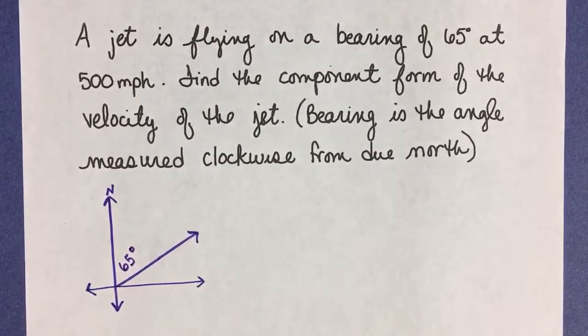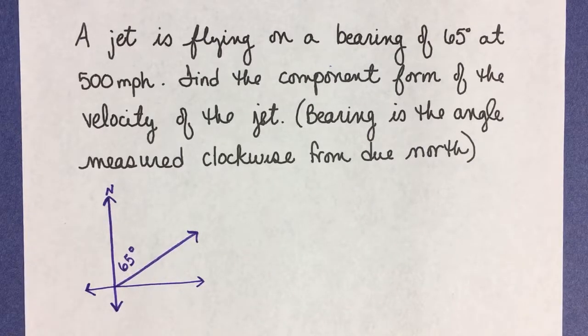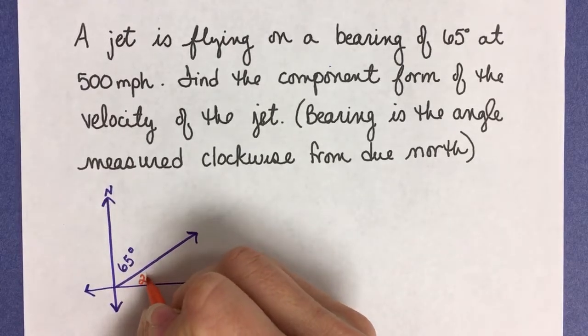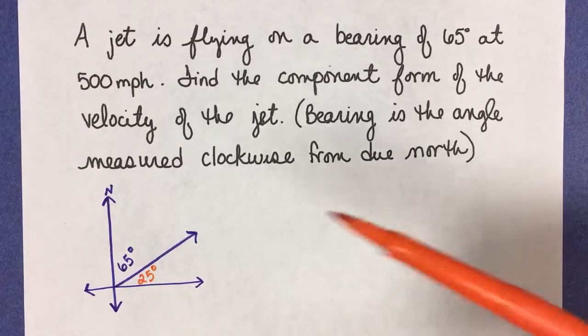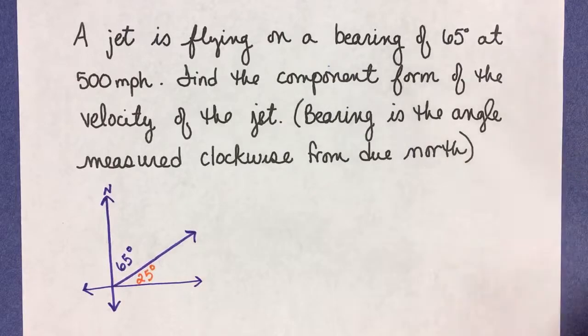Drawing things in standard position is different than drawing them concerning bearing. Again, bearing is measured clockwise from due north. So if this is 65, then this is going to be 25, because when we go to work the problem, you're going to need to use the 25. Now, you're simply asked for component form.